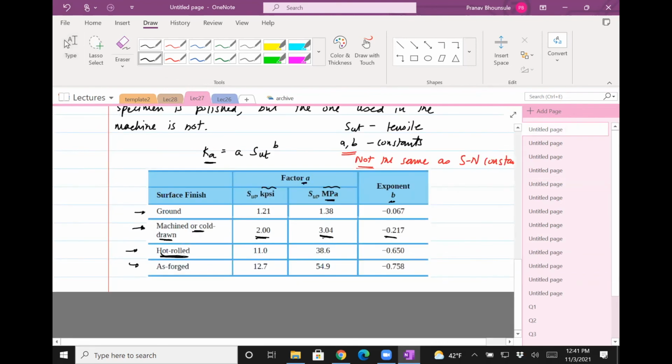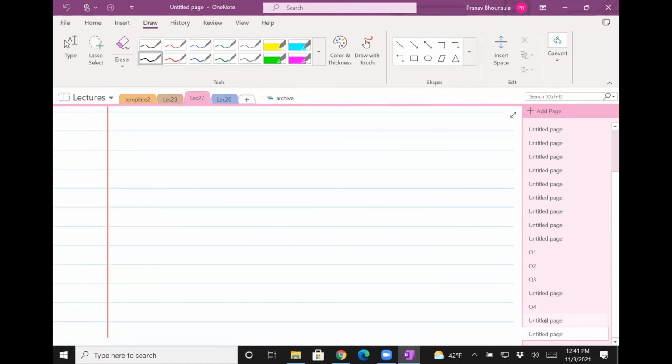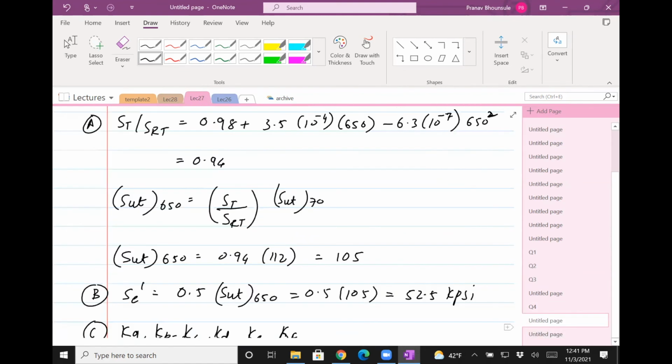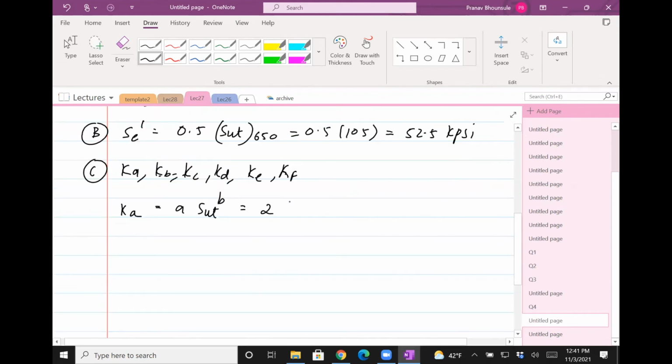So A is 2, B is minus 0.217. And remember, I have the ultimate strength in kpsi, so using that, let's write K, which is A times SUT raised to B. A is 2, the strength is 105, and B is minus 0.217, which equals 0.73.